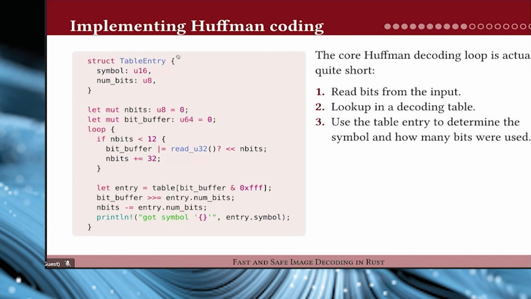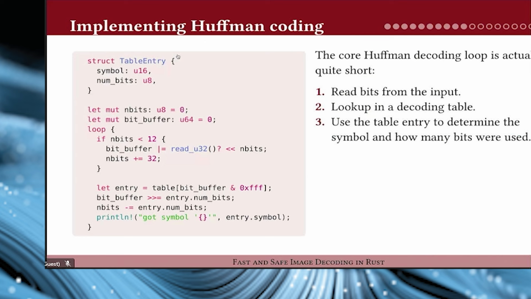The first thing we're doing in the decoding loop is we need to read some bits. Since we have a stream of bits, we have to read them. So we have this loop variable that says the number of bits we currently have. If we're less than 12, then we need to read more into our bit buffer. If you're familiar with bitwise arithmetic, we have this next line that's a little bit complicated.